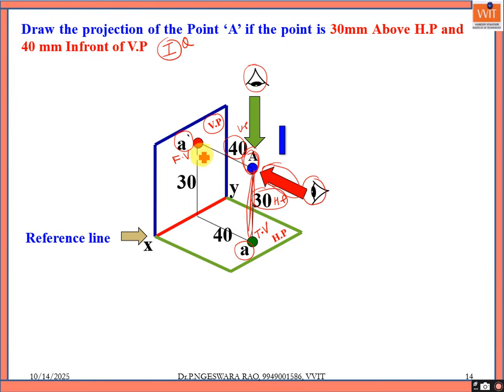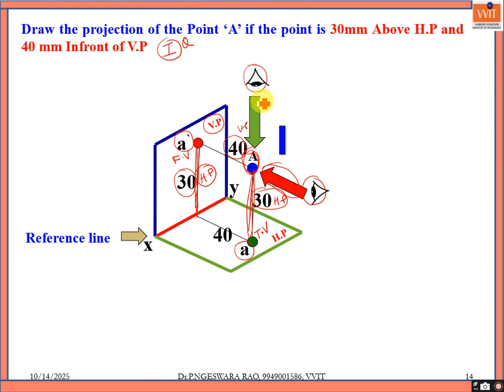In the front view, the image name is a dash, and its distance from the XY line is nothing but the HP distance, because in the front view we can observe only the horizontal plane distance. In this case the HP distance is 30. Hence the image a dash in the front view is at a distance of 30 from the XY line.